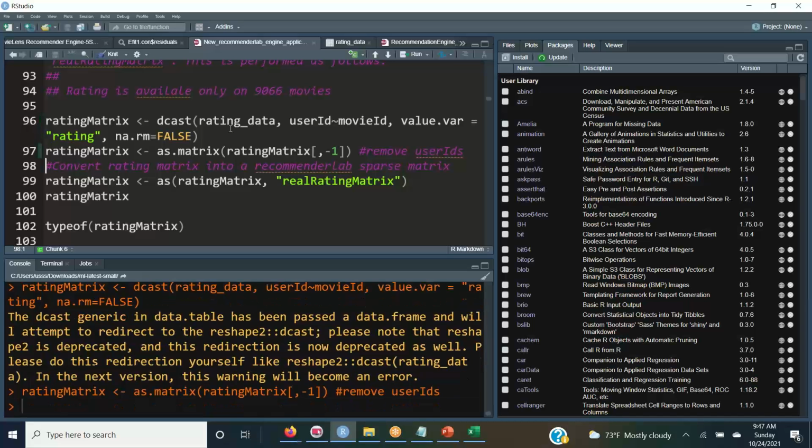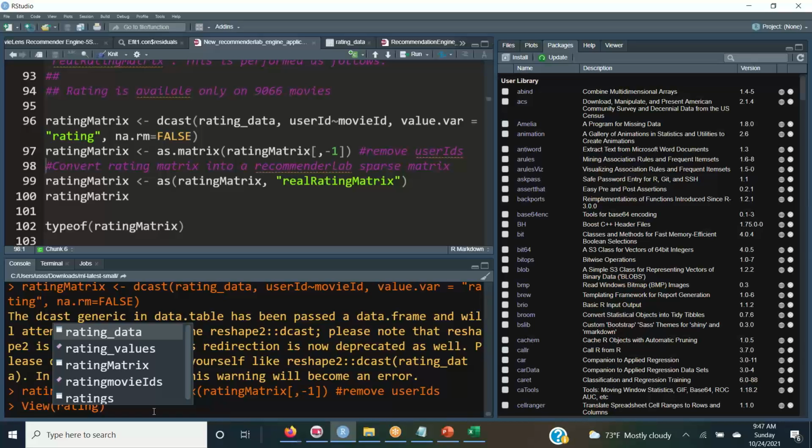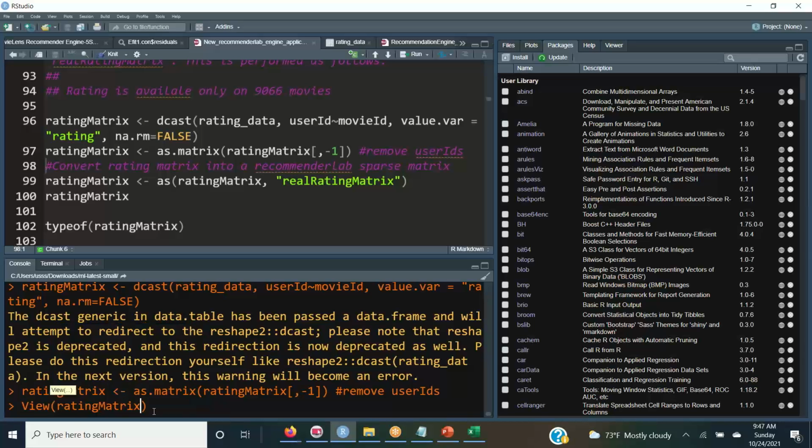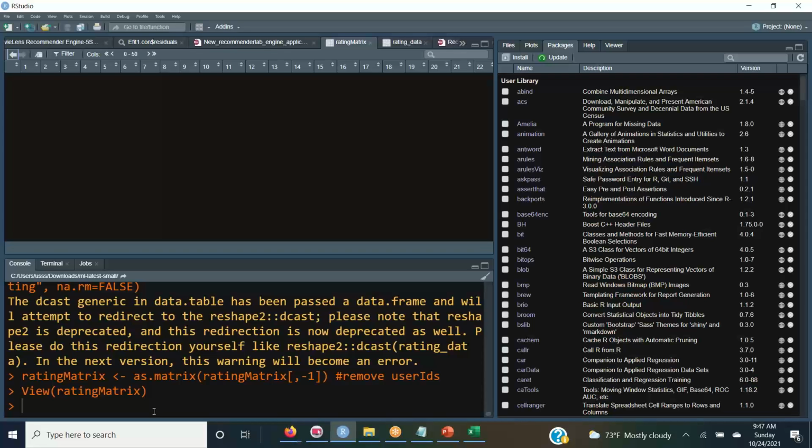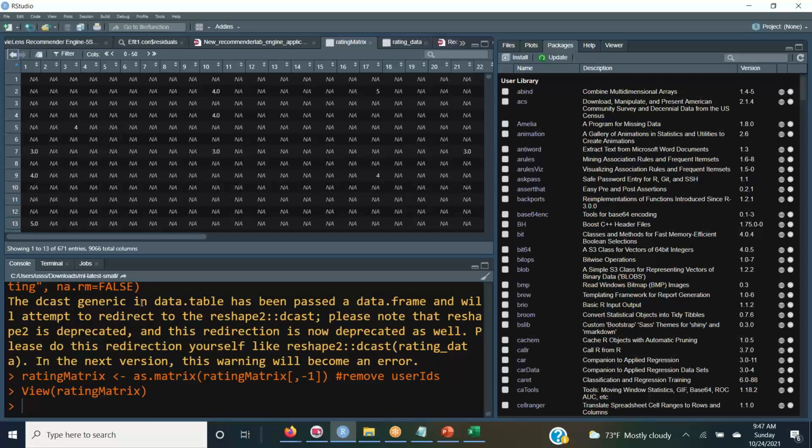Now it is a matrix, so I should be able to view it. Let's see. Rating matrix. Super. It's huge.